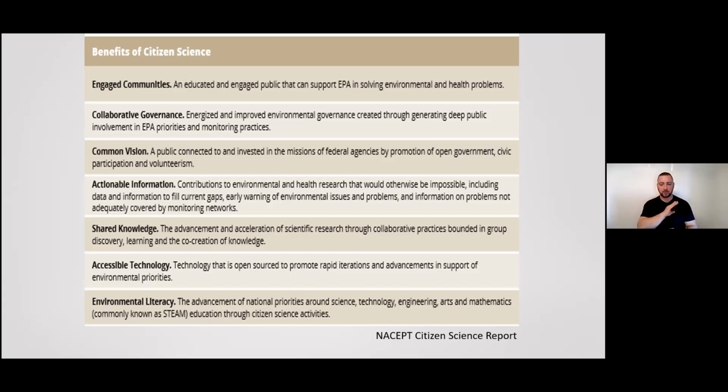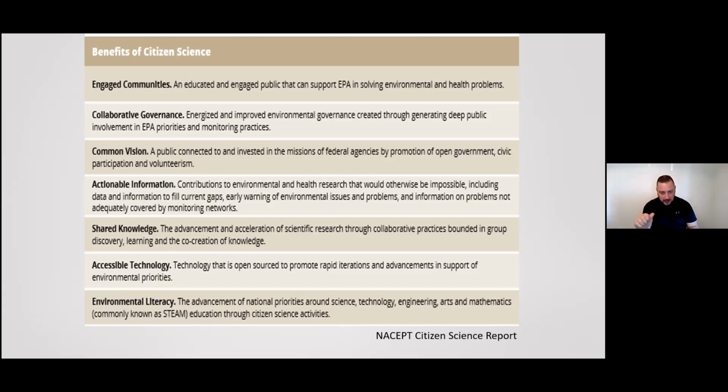Now think about the benefits of citizen science, similar in some ways to the benefits of CBPR. You engage communities and you're doing collaborative governance, so you're able to work together to get community members more engaged in decision making, particularly when you're working with a government agency, be it a local government agency like the town council or the mayor's office, or a state agency like MDE, Maryland Department of Environment, or a federal agency like the US EPA, Health and Human Services, Department of Interior, Department of Justice, USDA, the United States Department of Agriculture, et cetera.